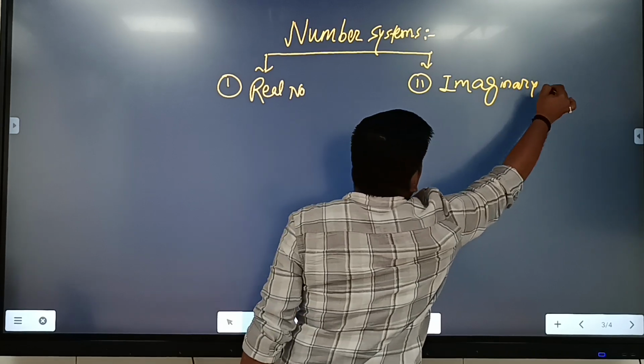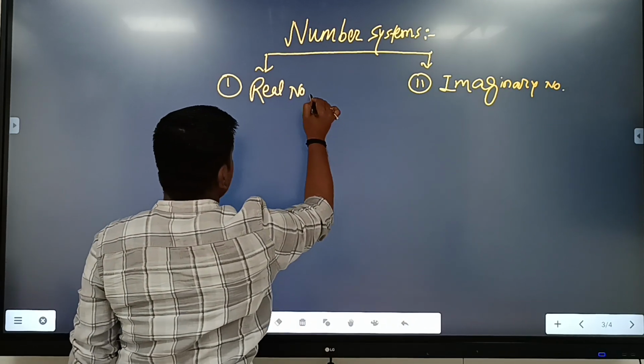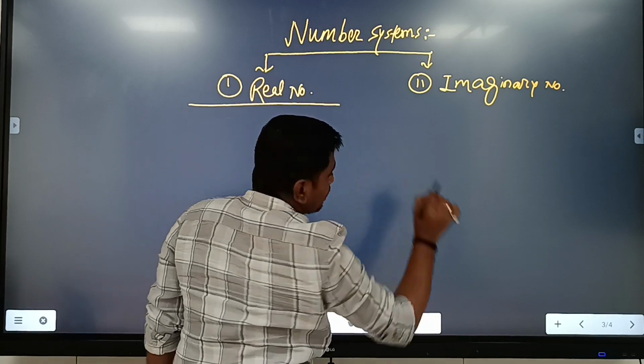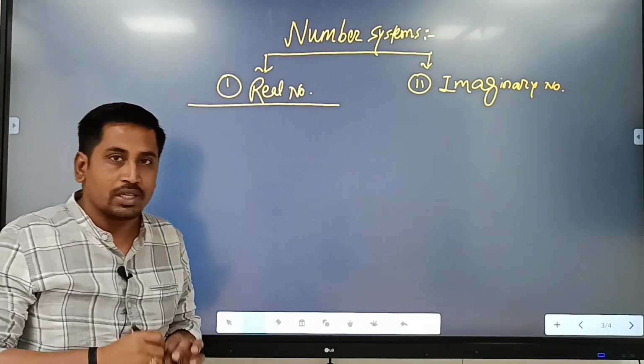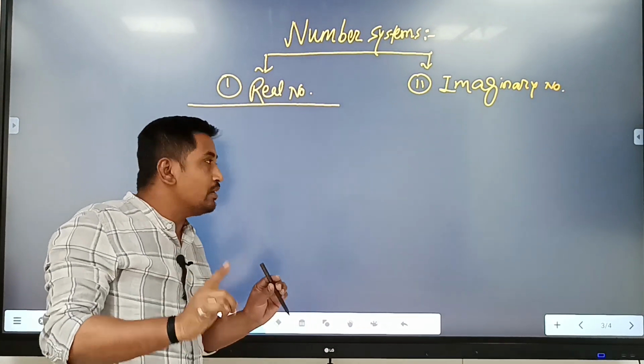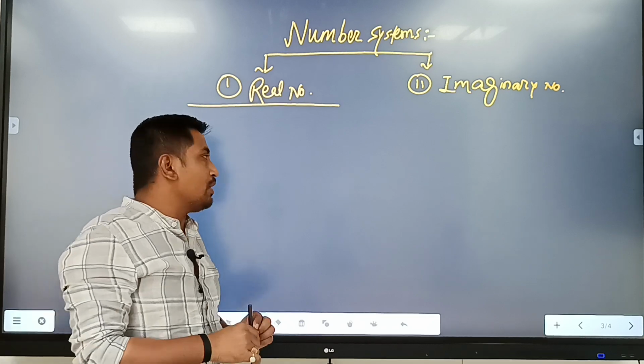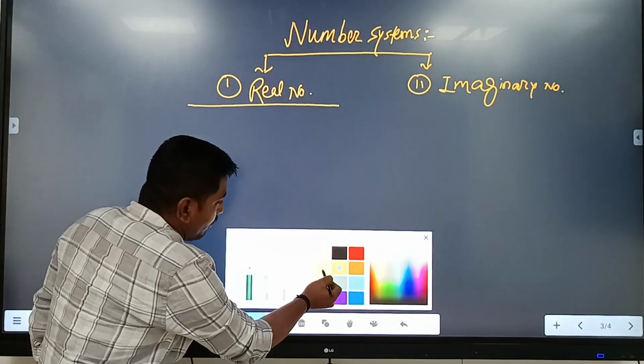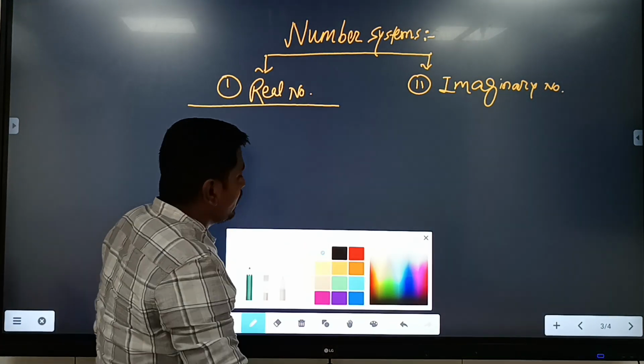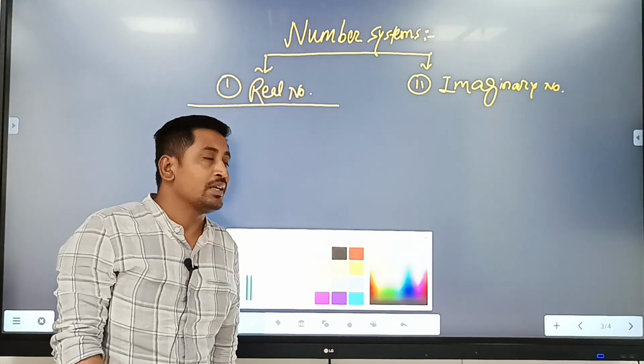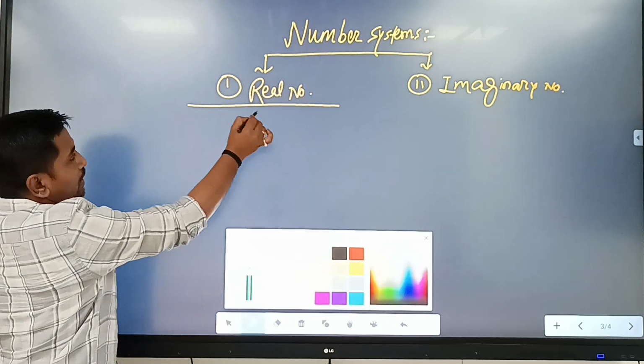But in this grade we have to focus on real numbers only. We will also know a little bit about the real number, what actually real numbers are. So let's start with the real numbers.